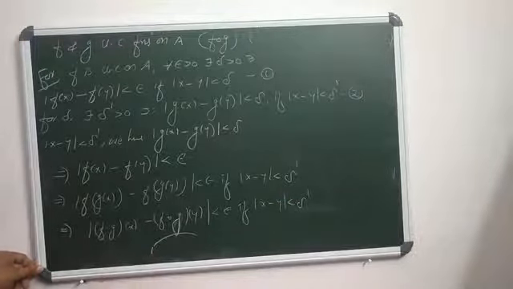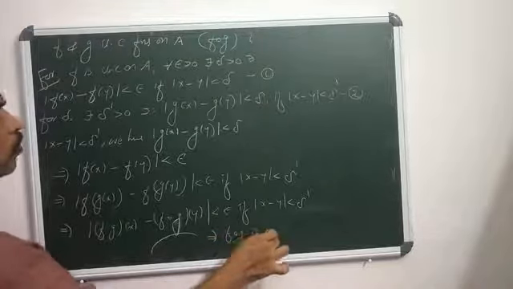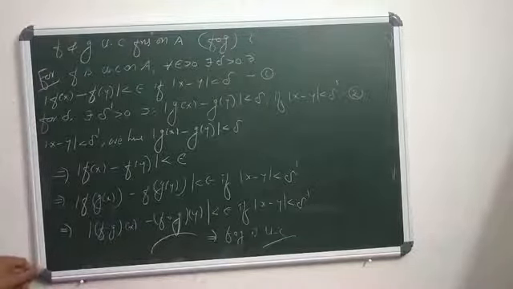So what's your conclusion? That means f composition g is also uniformly continuous.